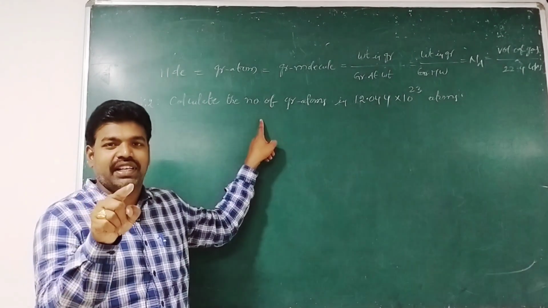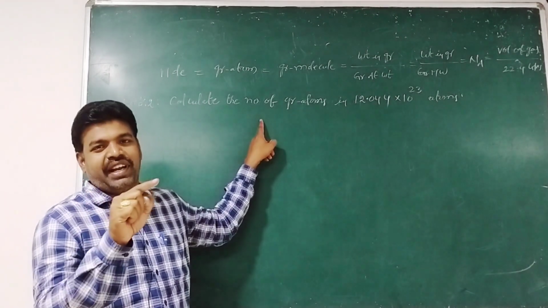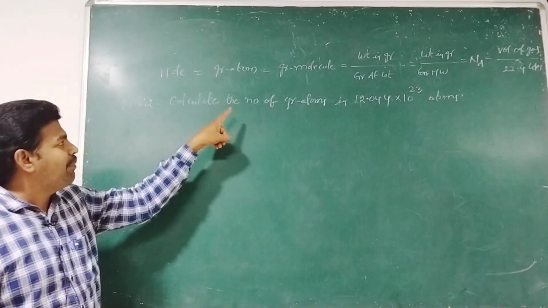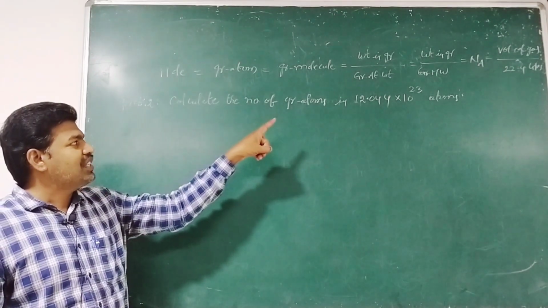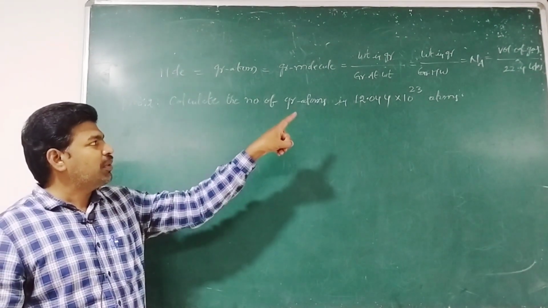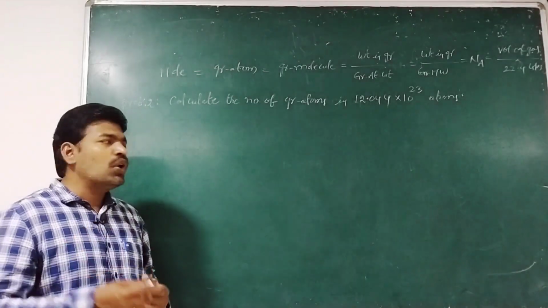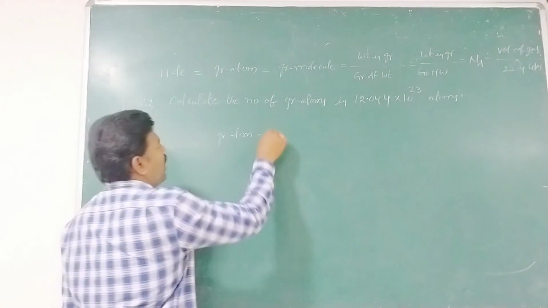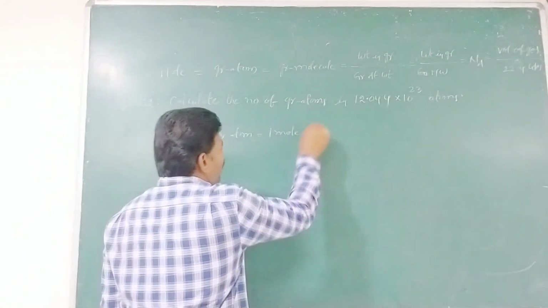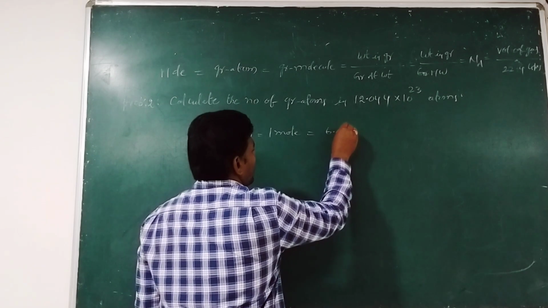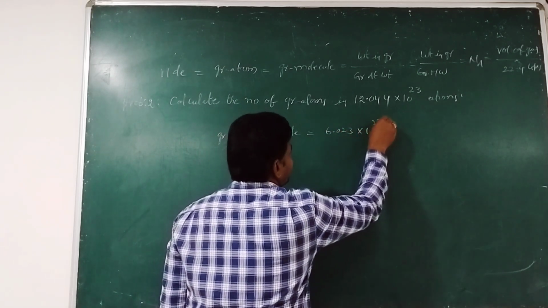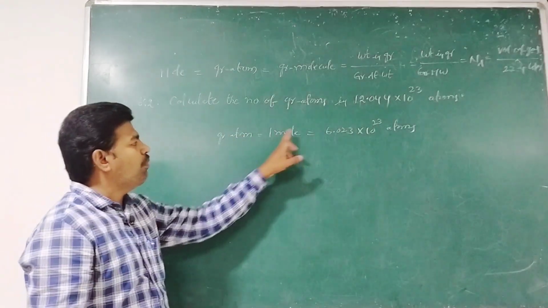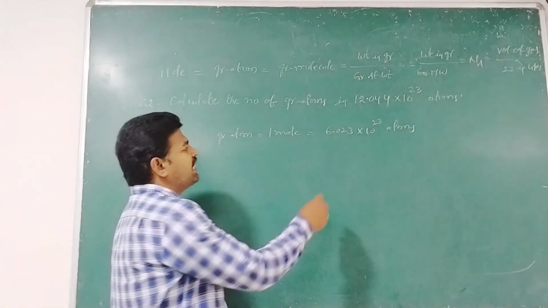So here we have to calculate the number of gram atoms in 12.044 into 10 to the power of 23 atoms. We know 1 gram atom is equal to 1 mole, and 1 mole contains 6.023 into 10 to the power of 23 atoms.